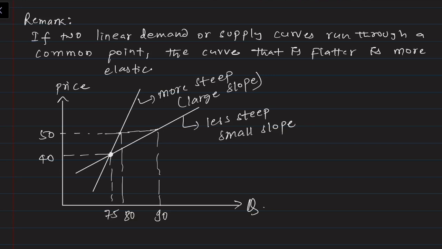The less steep curve has more elasticity, because these are supply curves, and the change in quantity supplied is much higher when the curve is less steep. So this is more elastic.